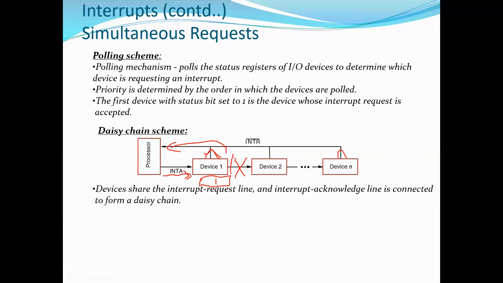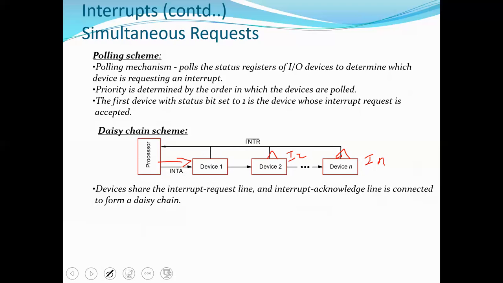Okay, suppose device 1 has not sent the interrupt request. Interrupt request is sent by device N and device 2. Okay, they have sent the interrupt request. I2 is the interrupt and N is the interrupt sent by those devices. Interrupt acknowledgement is received by device 1.